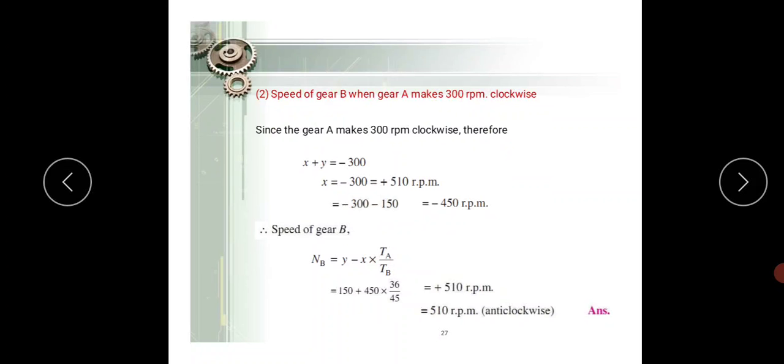The speed of gear B is Nb equals y minus x into Ta divided by Tb. The y value is 150, minus x is minus of minus 450, giving plus 450, into 36 divided by 45. We get 510 rpm in the anti-clockwise direction.